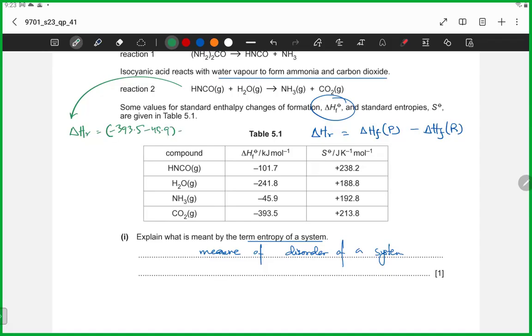So that's products minus your reactants, which are HNCO, that's minus 102, minus 101.7. So it's going to turn into plus. And H2O, that's minus 241.8. Can anyone try and do this? What's the answer for this?